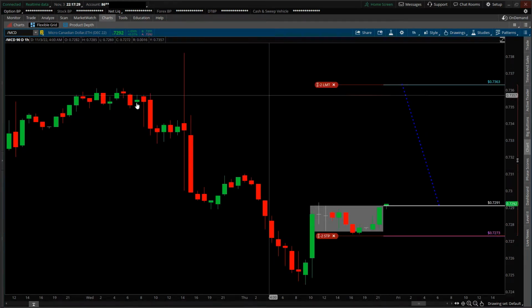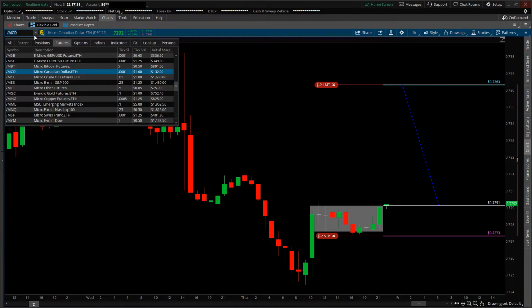Before I go into Active Trader, this is the futures contract menu. This is the position I'm currently holding, /MCD, micro Canadian dollar. The tick size is 1/1000th of a penny. When you're trading stocks, a penny move is a penny earned.